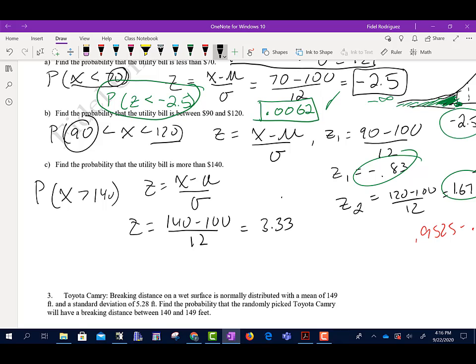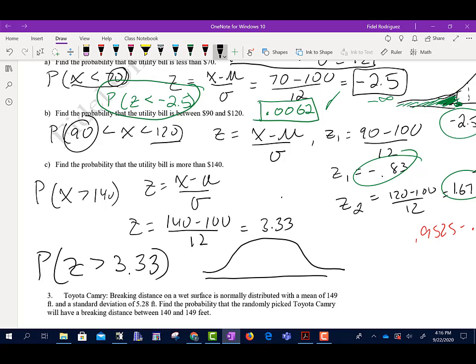So what we're looking for now is the probability that Z is greater than 3.33. If I were to draw my normal curve, here's 0, there's my standard deviation of 1, 2, and 3, and we're looking at 3.33.